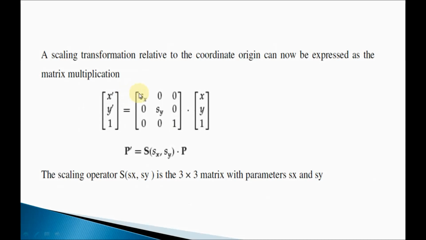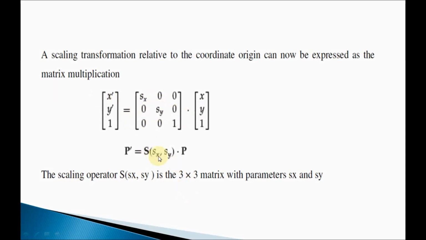Next, in the same way, scaling: x dash y dash 1 is equal to the matrix with sx, sy, 1. This is the scaling transformation matrix. Here P dash is equal to S of sx comma sy into p.